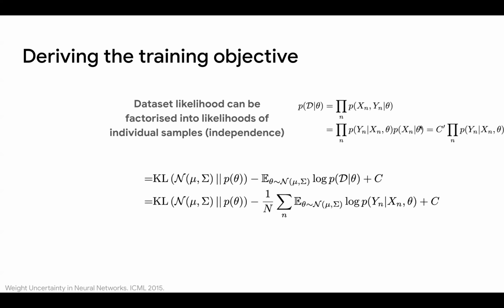And now P of x given theta is treated as a constant, which is something that our model is not modeling, right? So that is written as C prime here. And we are left with this P of y given x term here. And that goes into logarithm, and therefore the product here becomes a summation. And there is actually also 1 over n here, which, when taken out of the logarithm, becomes 1 over n. And there's a C prime term, which is subsumed into this C term here.